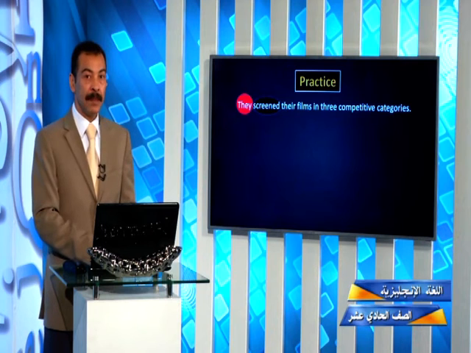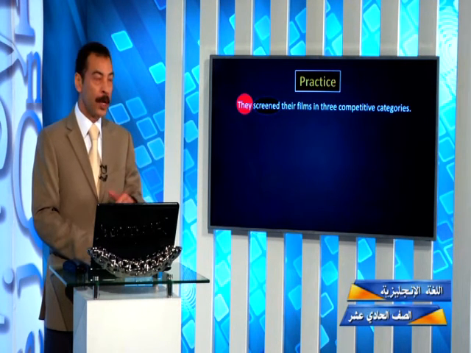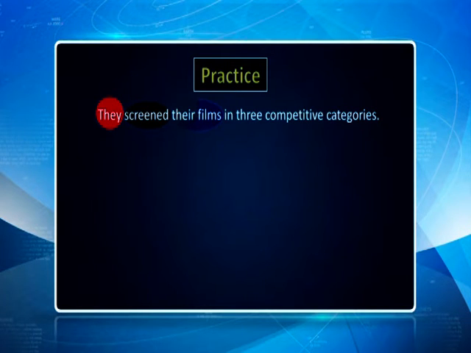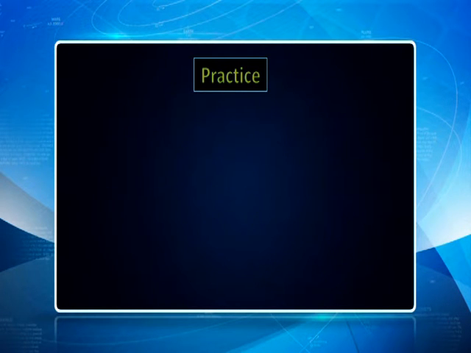It is in the past simple, so you need the verb to be in the past simple, that is was or were, and then their films is the object. So we start with the object and it becomes: their films were screened in 3 competitive categories. Again, as you can see here, the object becomes the subject and then the verb.